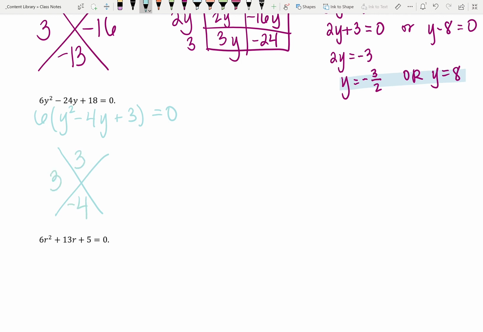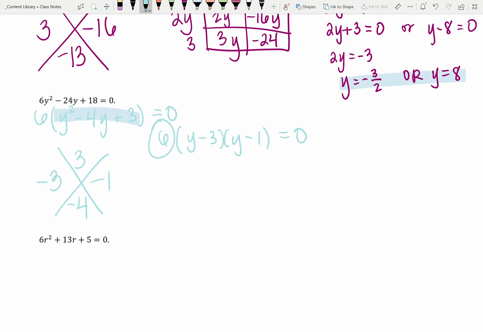So obviously it's going to be 3 and 1, but because this 4 is negative, these both have to be negative as well. So this polynomial has a leading coefficient of 1, and so I can just go straight into my factors. y minus 3 times y minus 1 times 6 would equal 0.